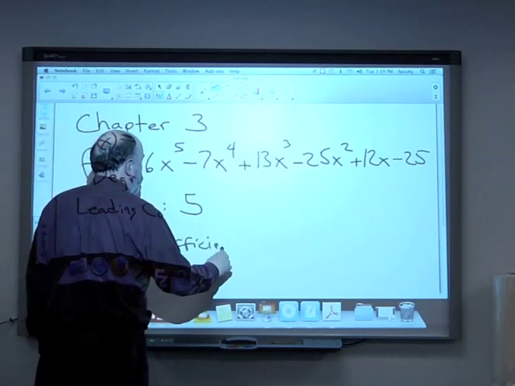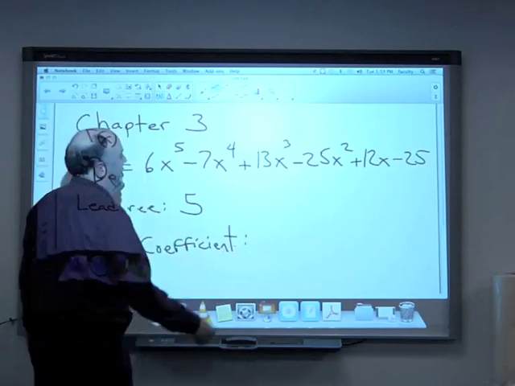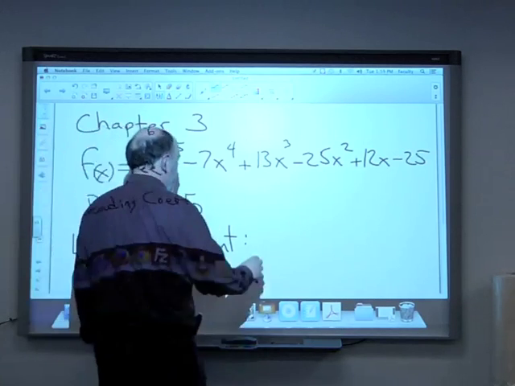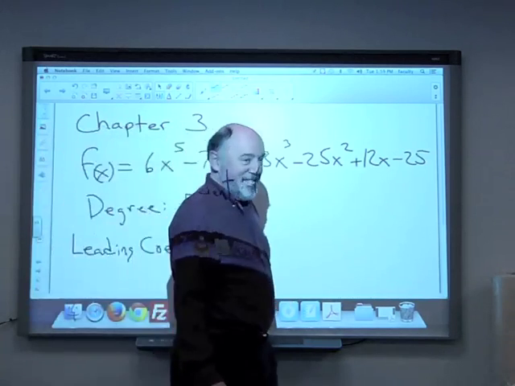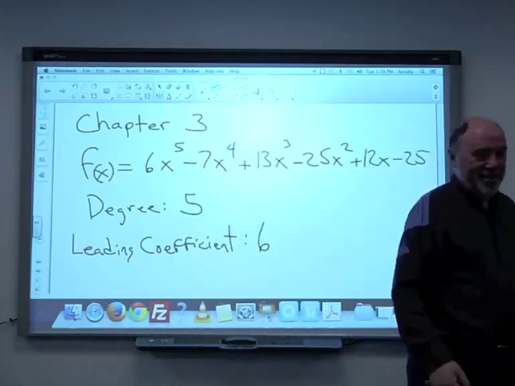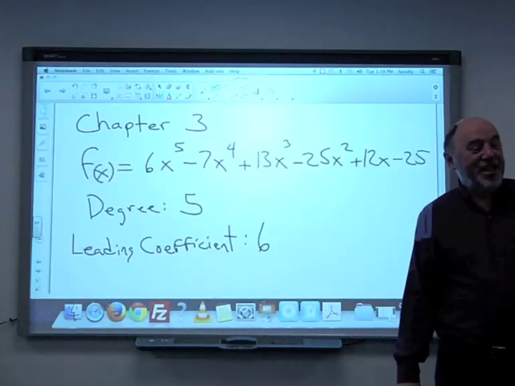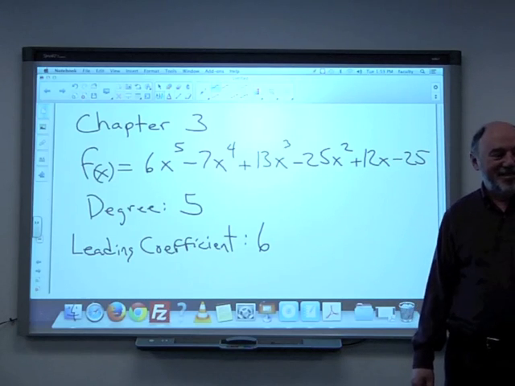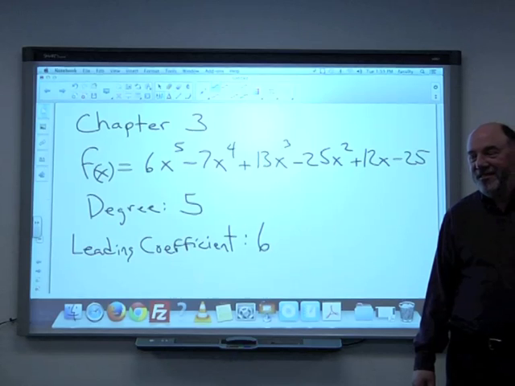What is the leading coefficient? 6 is correct. So you find the biggest exponent, which was the 5, the x to the 5th, and then you find the number in front of that x. And that number is a 6.